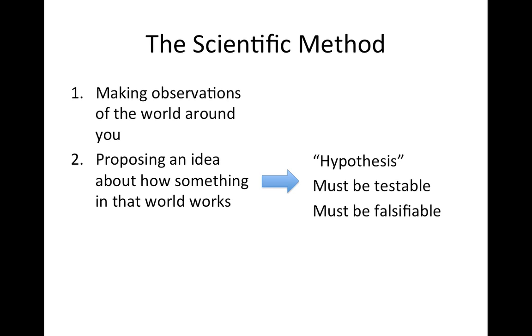It also must be falsifiable, and that's kind of a big word that means it must be able to be proven false. That seems a little bit odd, that you're trying to prove something false, but you have to realize that from a scientist's perspective, it's a whole lot easier to prove something wrong than to prove it right. It's actually very, very difficult to prove any hypothesis to be true. In fact, scientists will not even say that.